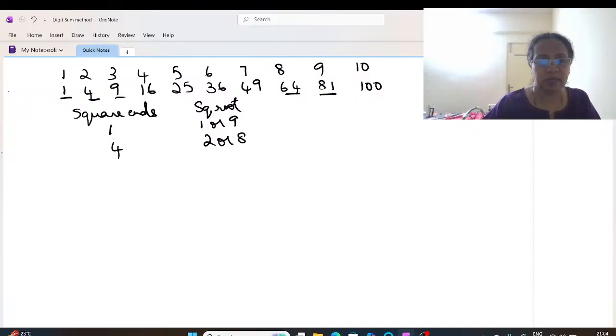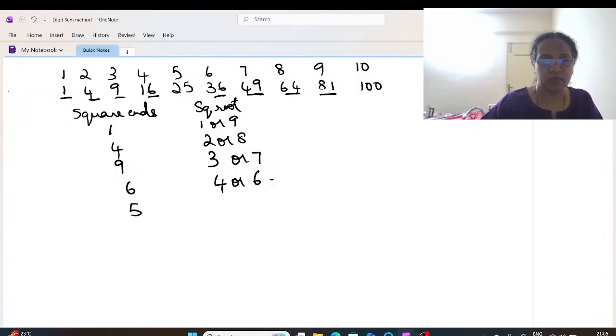If the square of the number ends with 9, square root ends with 3 or 7. If the square of the number ends with 6, the square root ends with 4 or 6. If the square of the number ends with 5, the square root ends with 5. And if the square of the number ends with 0, square root ends with 0.